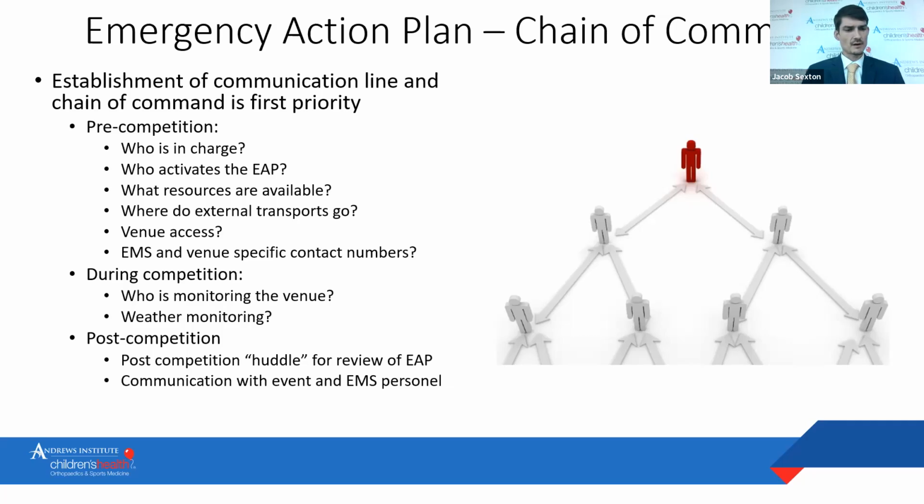And then you should always have all the emergency medical service and venue contact specific numbers. And then, of course, during the competition, you should understand the chain of command: who's monitoring the venue and who's also monitoring the local weather events during that time. Post-competition, whoever's the head healthcare provider at the venue needs to have a post-competition huddle to review any emergency action plan activation, any positives and any negatives that occurred during that activation, as well as communicating with the event personnel.